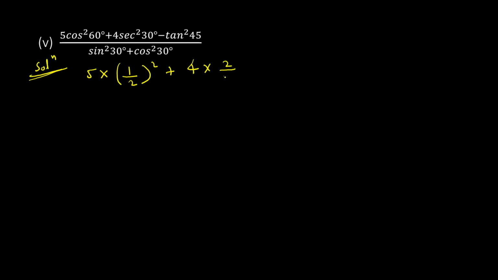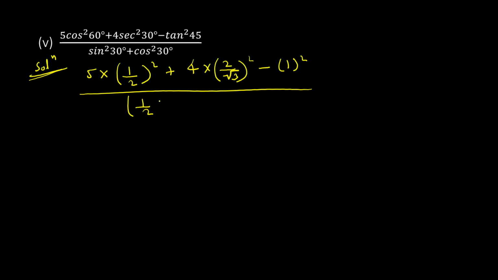Sec 30 is 2 by root 3 and its whole square, minus, what is the value of tan 45? Tan 45 is 1 and its whole square, upon sine square 30. So sine 30 is 1 by 2 and its whole square, plus cos square 30 is root 3 by 2 and its whole square.